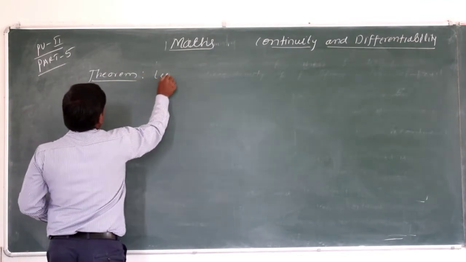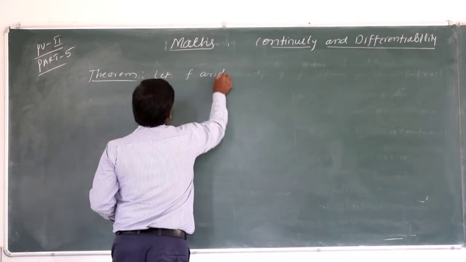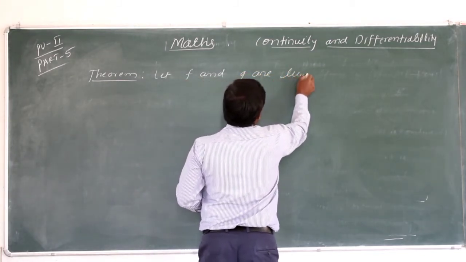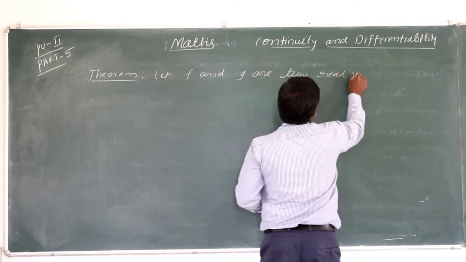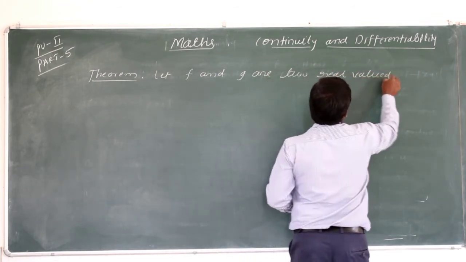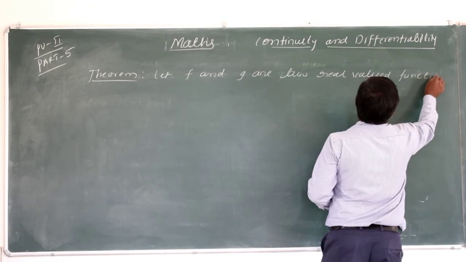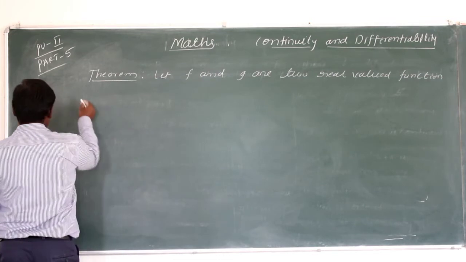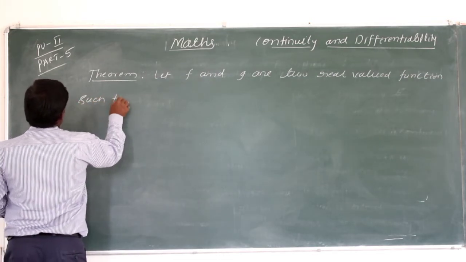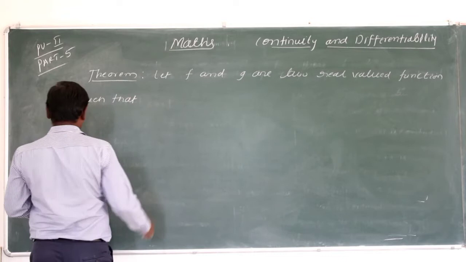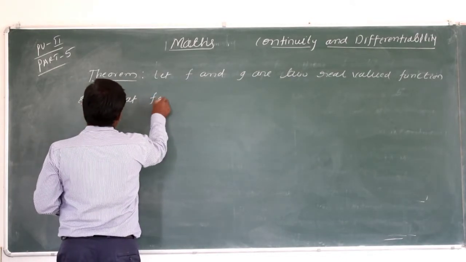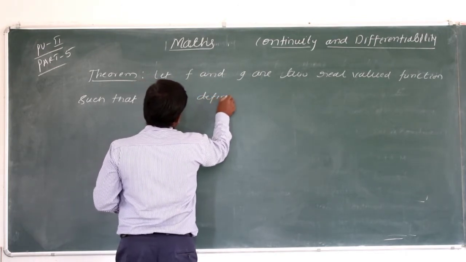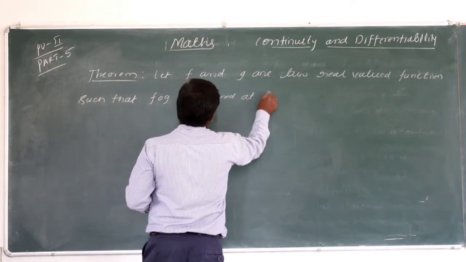So let f and g be two real valued functions such that f circle g is defined at c.